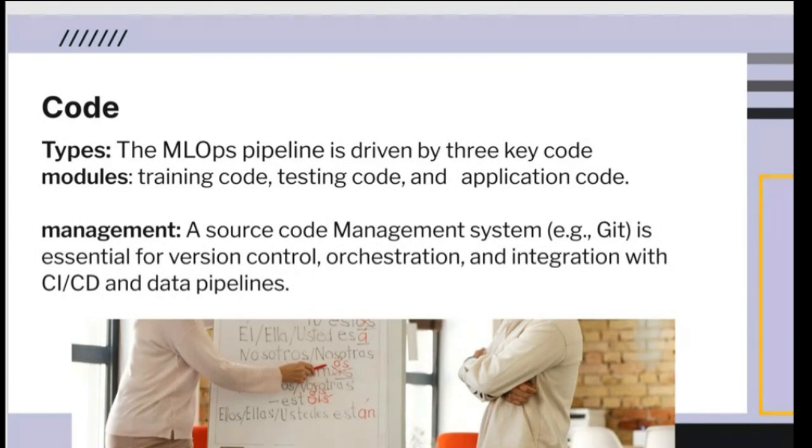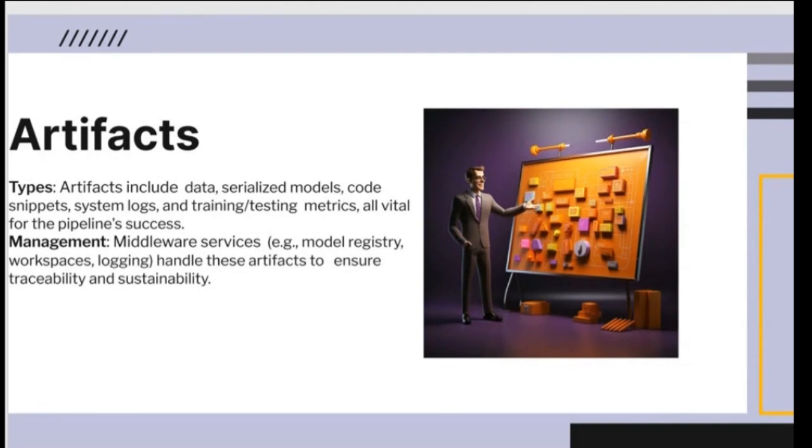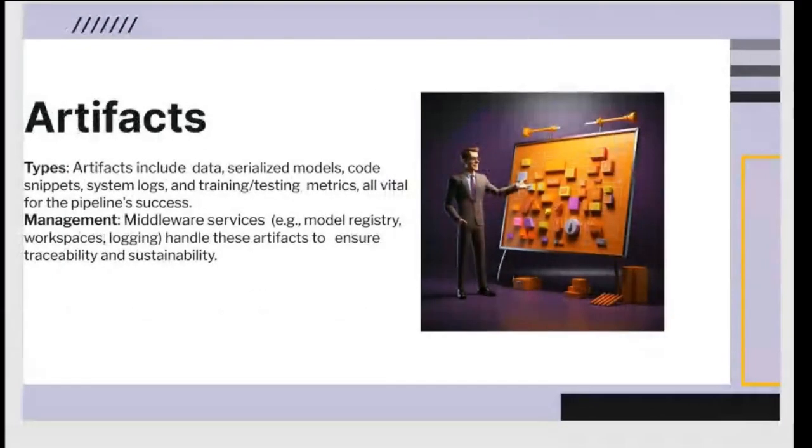So next we can see about what artifacts are. Artifacts are some part of the code, or various modules of the code, data, components. These contain both code and data in a structured or serialized way. It has various components such as system logs, training and testing metrics, all vital to the pipeline's success.